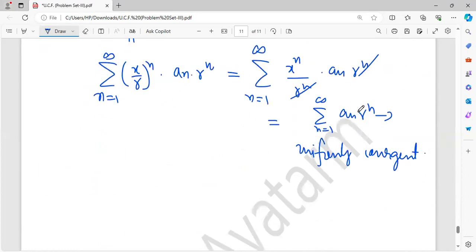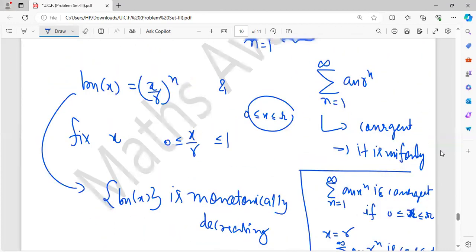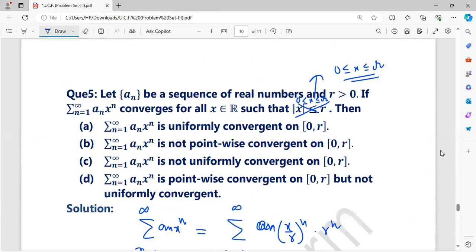This is x actually. So this series is uniformly convergent. Okay, so which option is correct? So it is uniformly convergent on the closed interval [0, r].